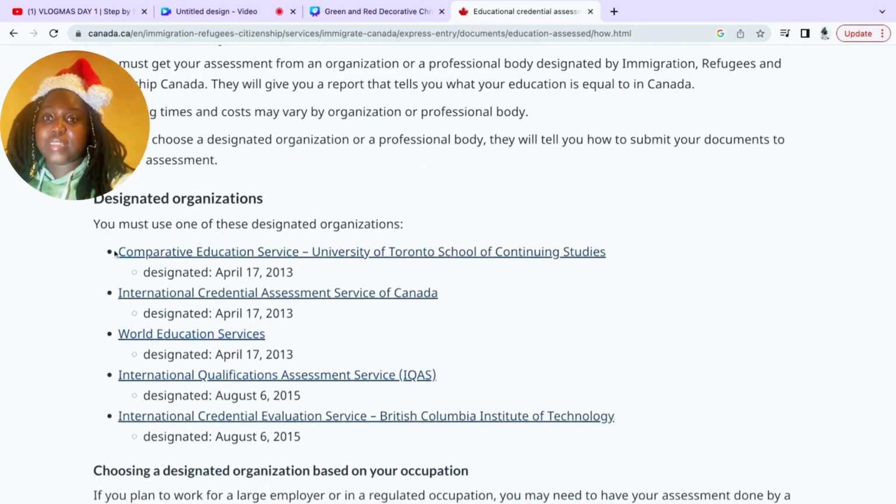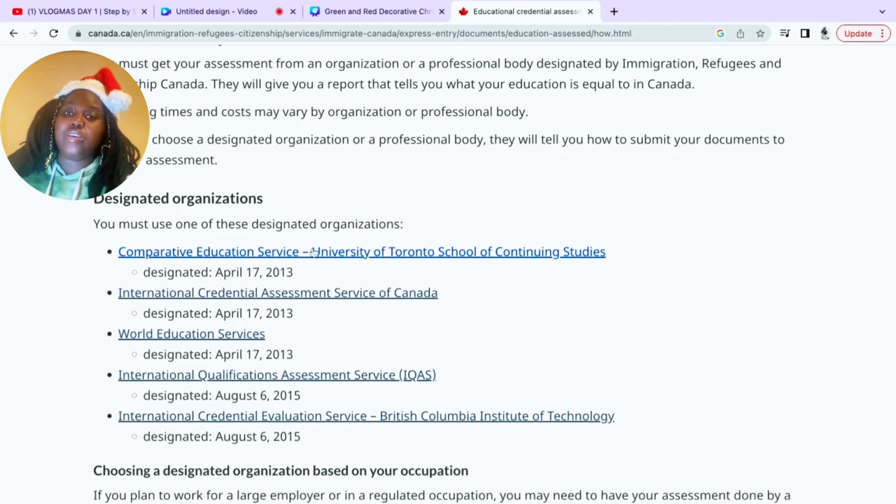The designated organizations are: Comparative Education Service, which is done by the University of Toronto, then International Credential Assessment Service, World Education Services, International Qualification Assessment Services, and International Credential Evaluation Services. They'll give you a report that tells you what your education is equal to in Canada.